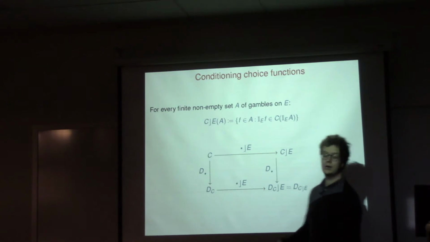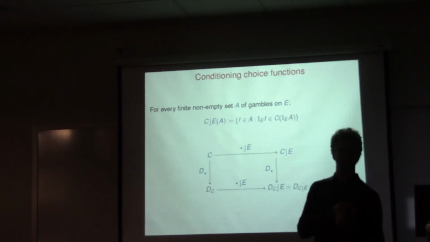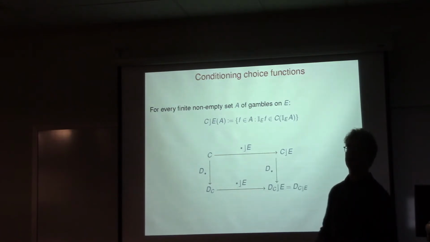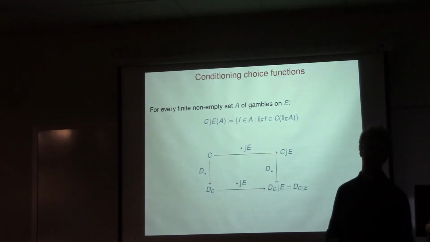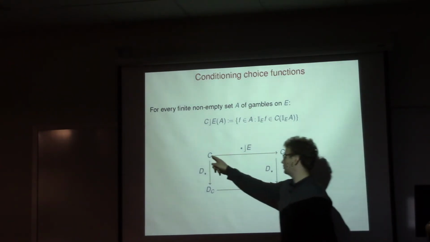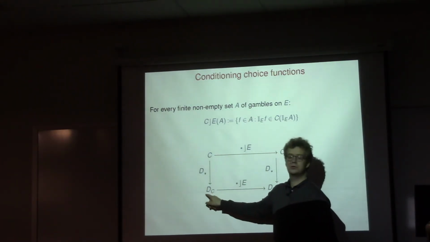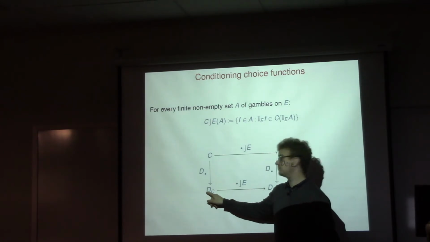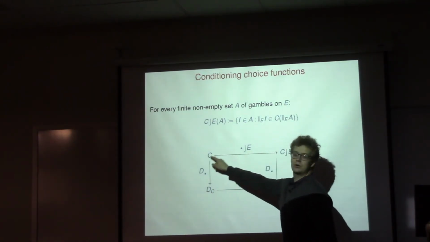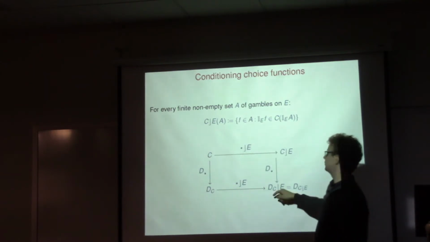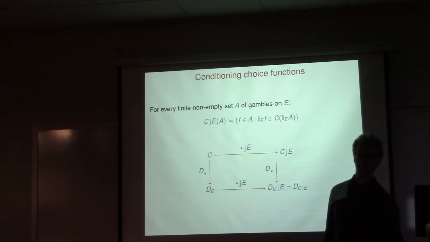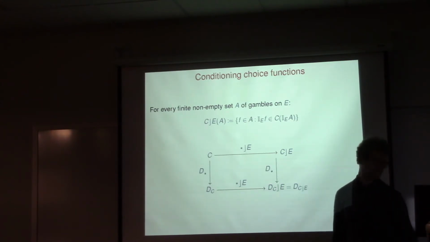And actually, now I have a definition of conditioning choice functions, conditioning sets of desirable gambles, and going from a choice function to a set of desirable gambles. Actually, those operations commute. So if I have a choice function, I first go to its binary, pairwise behavior, and then I condition. That's the same thing as conditioning my choice function first and then going to the pairwise behavior. So that's kind of what we want.